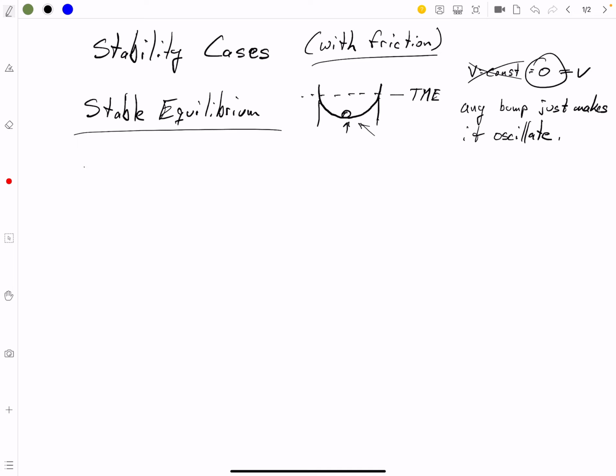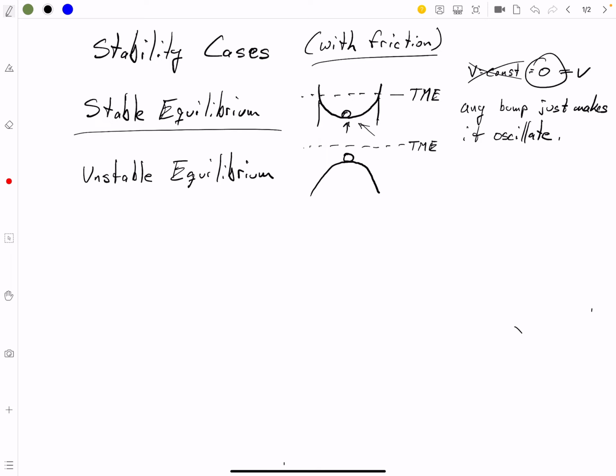What about unstable equilibrium? Well, that looks something like this. We'll place our ball at the very top. Somewhere here is our total mechanical energy. And we've placed it there, meaning that all, you know what?